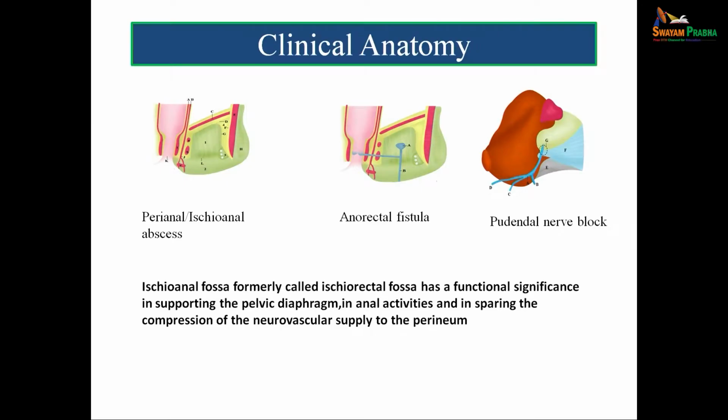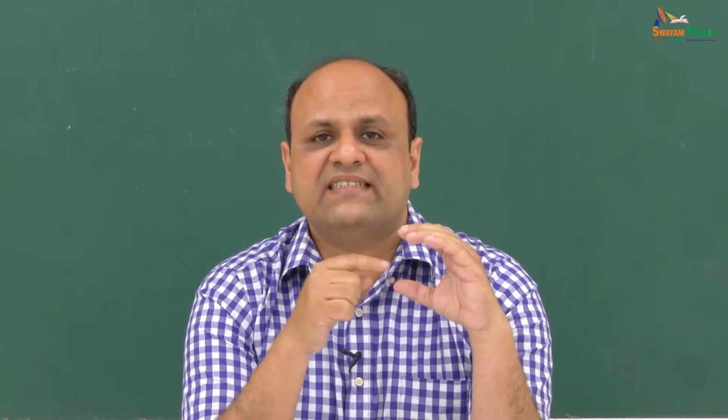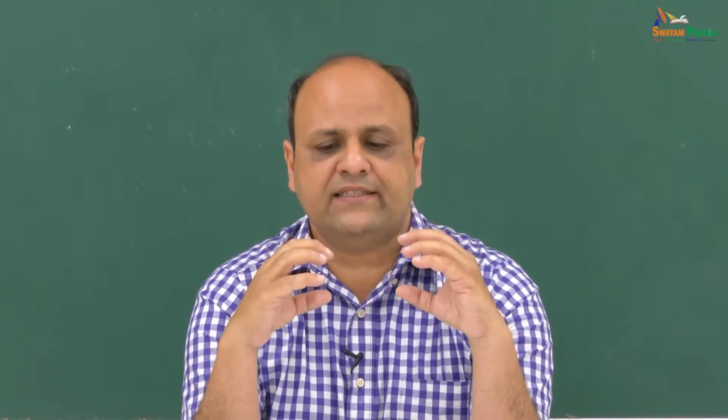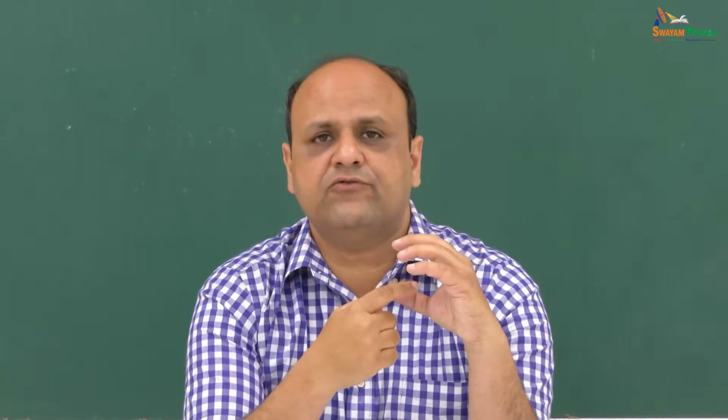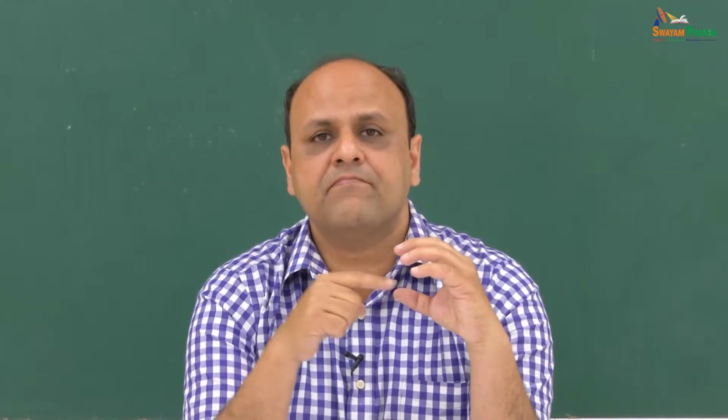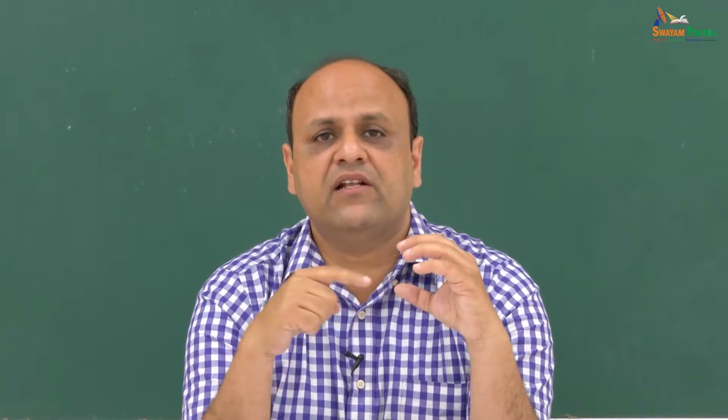Another applied aspect of this fossa is the fistula in ano, or the anorectal fistula. Sometimes the abscess which is formed opens inside the anus. On either side of the anal canal you have two wedge-shaped spaces, and if an abscess is formed here, it may drain into the anus in relation to the anal crypts.